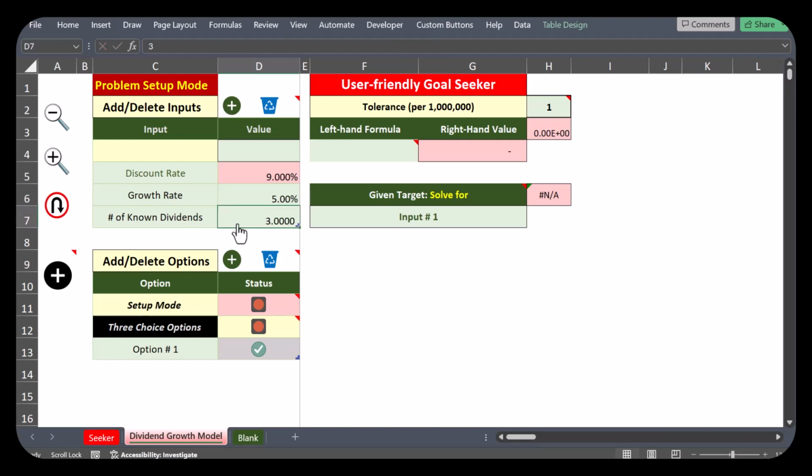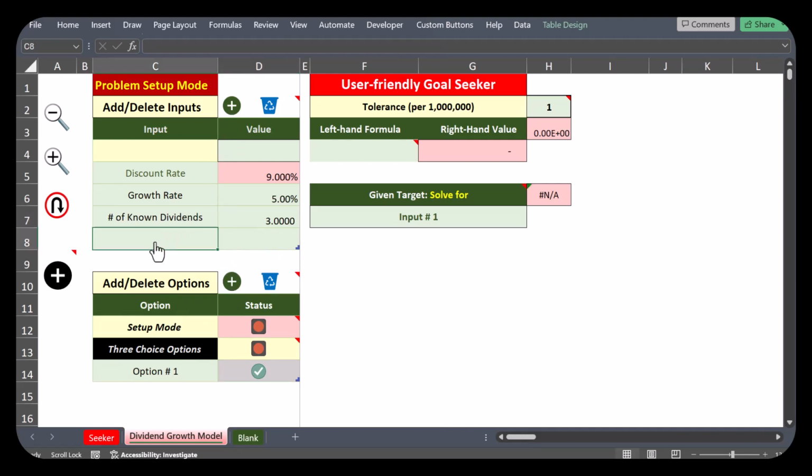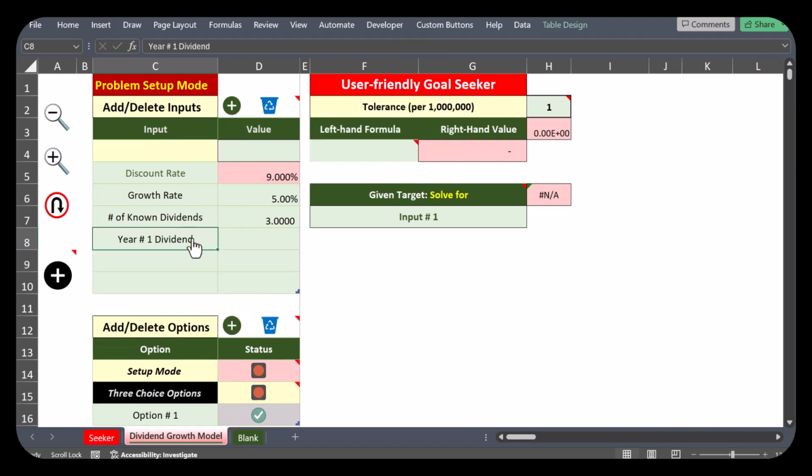I'll figure out a fancy way of labeling those, but for now, just put them.